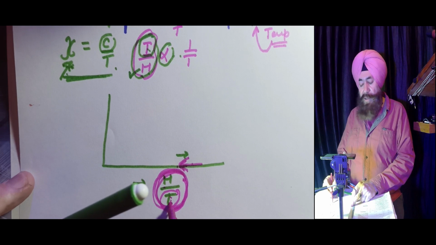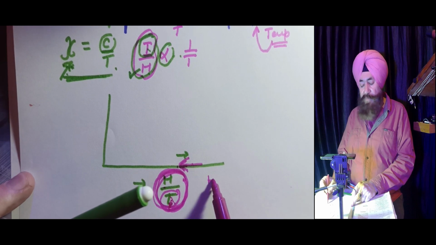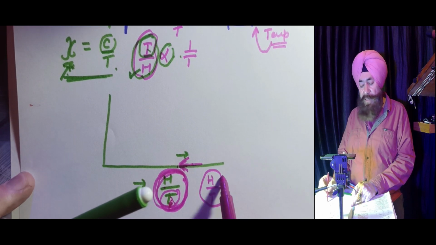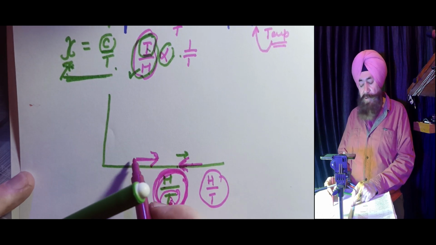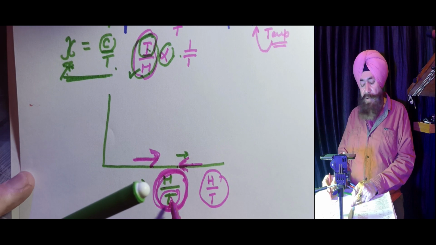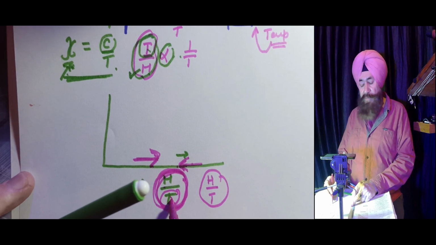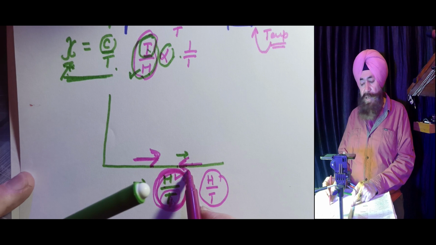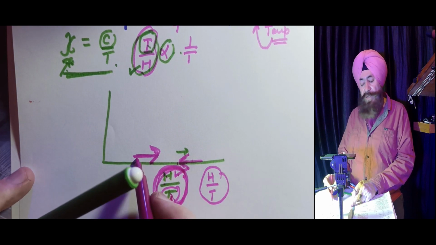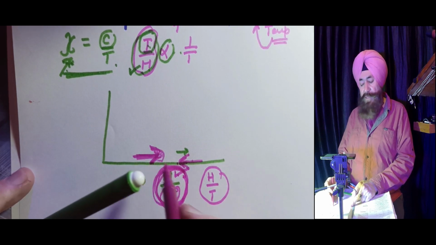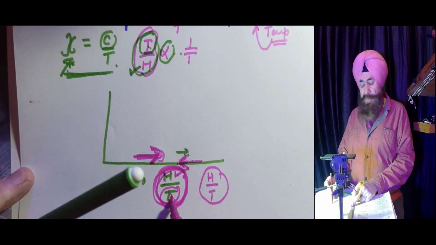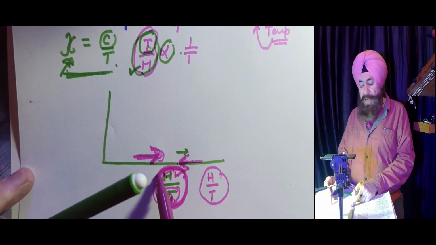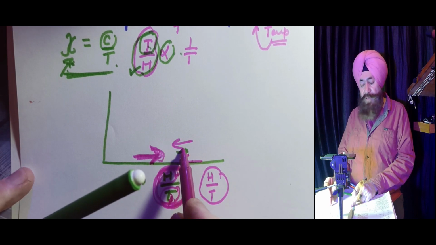If T decreases, H over T increases, and we go along the other side. So we go along this side by decreasing T or increasing H. If you increase H, you again go along this side. And if you increase T or decrease H, you go along this side.